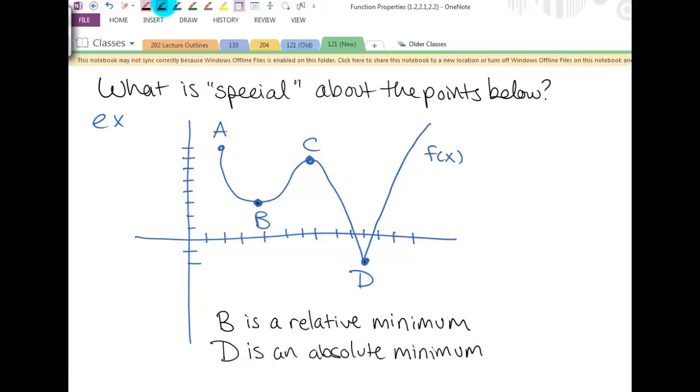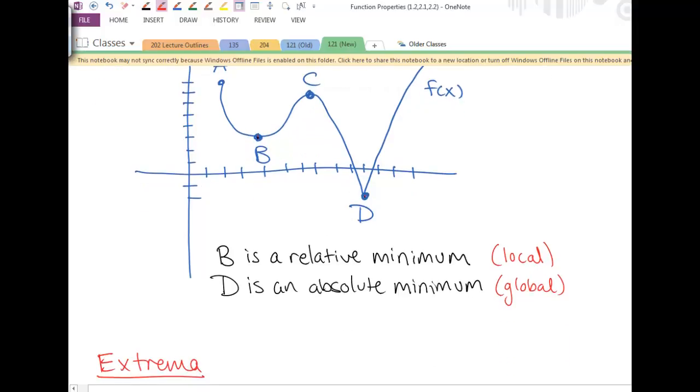We can also call a relative minimum a local minimum and an absolute minimum a global minimum. They're both minimums, it's just that D is actually the lowest point anywhere on the graph, whereas B is just a low point. Similarly, C would be called a relative maximum.